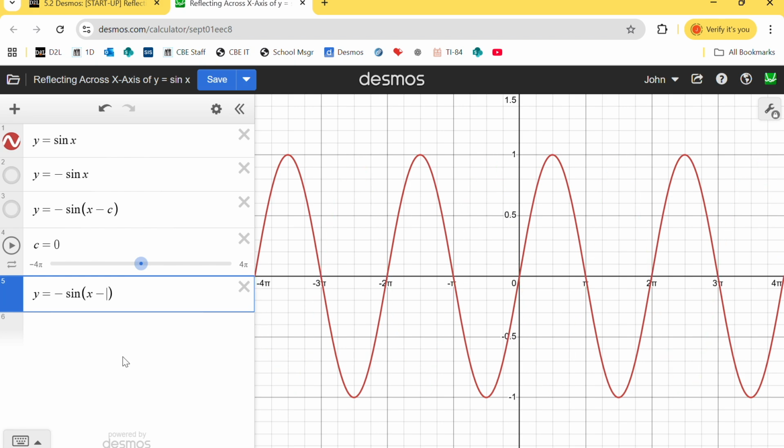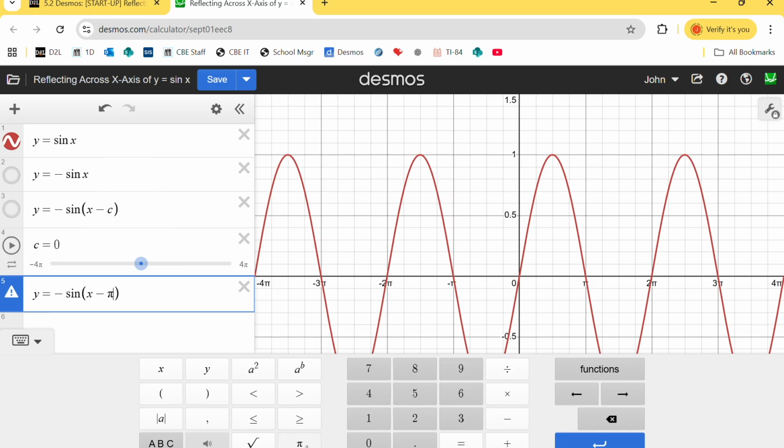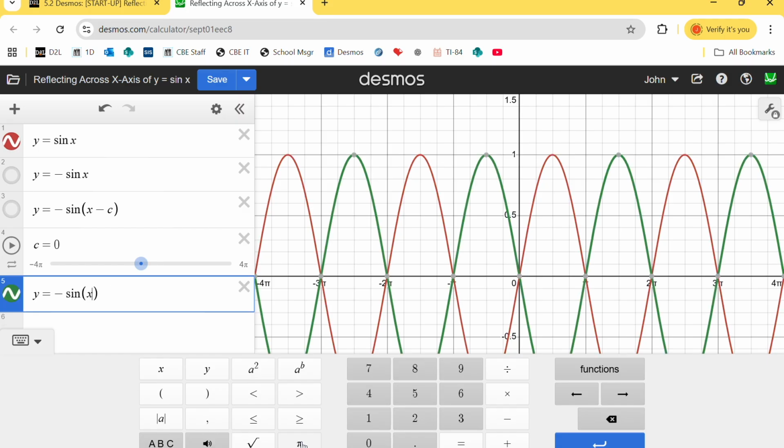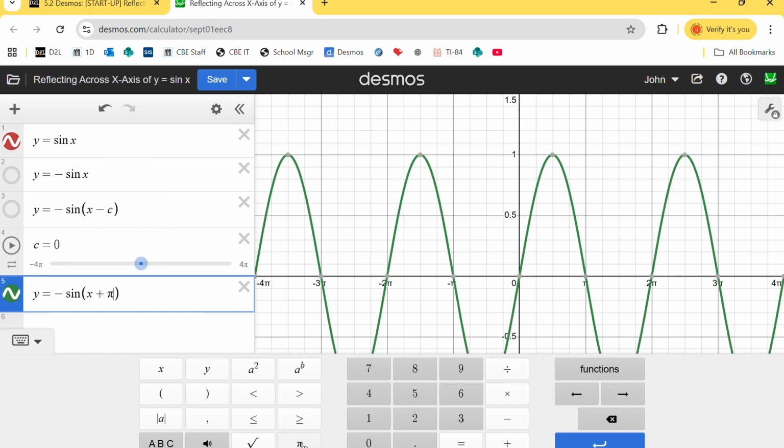I'm going to type in an exact value of pi, and there it is in phase now and lined up with the original red graph, y equals sine of x. Likewise, I can type in negative pi, and there it is. It's lined up as well. Or we can think of it as plus pi, and it's lined up and in phase.